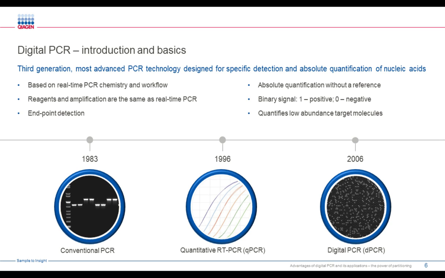We did the PCR, ran it in a gel, and stained it with a DNA binding dye like ethidium bromide, and we took a look at it, and hopefully we had our product. That is called endpoint PCR, and it is very important that you know this is an endpoint PCR. It just gives you a yes or no answer. So in basic principles, this is digital PCR, but in a very bad resolution.